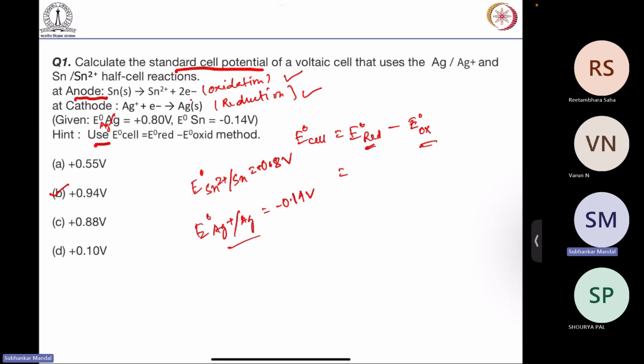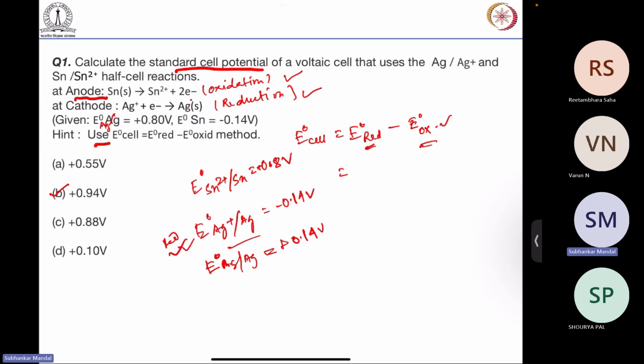Suppose this is the reduction potential of Ag+ to Ag. If you write the oxidation potential of Ag+ to Ag, that will be plus 0.14 volt. So always in the equation you have to put the reduction potential.